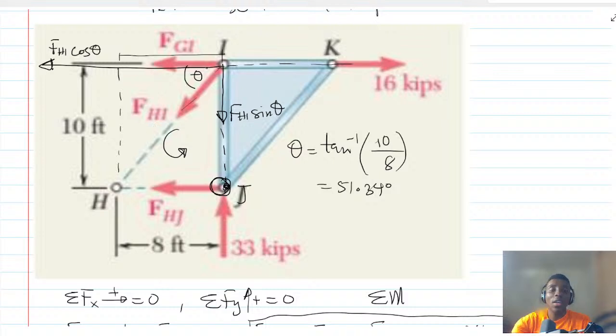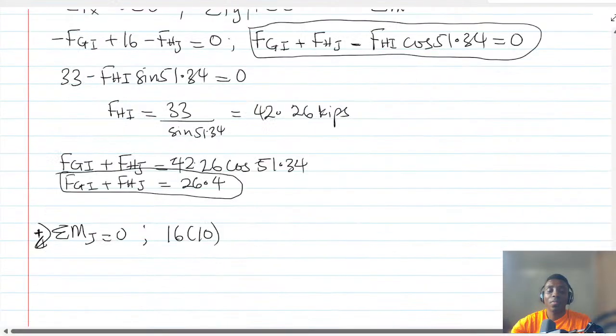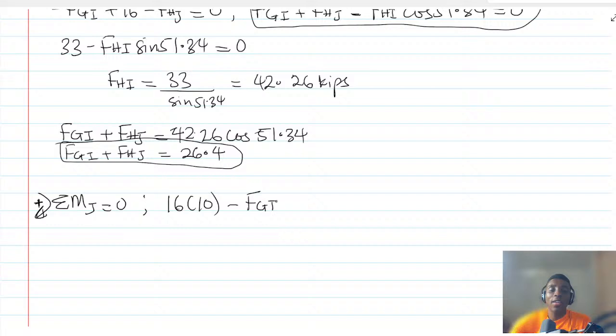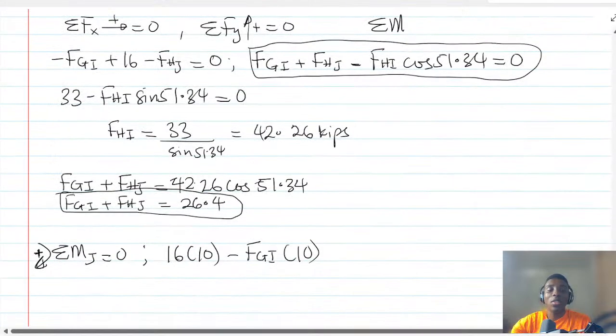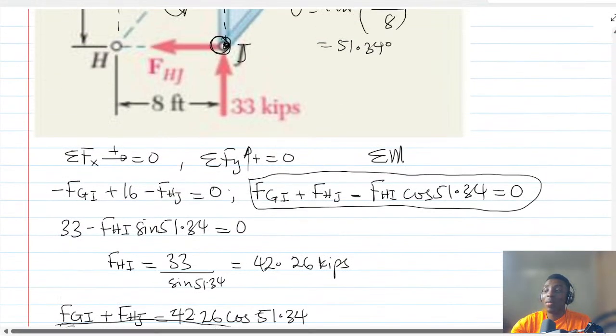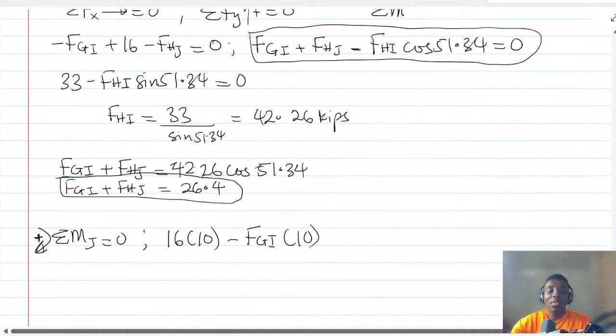FJI will cause a moment about J in the anti-clockwise direction. So minus FJI multiplied by 10. In fact, this is what we were supposed to do. We should have just taken the moment because the question said you need FJI. So that is one trick about method of section.